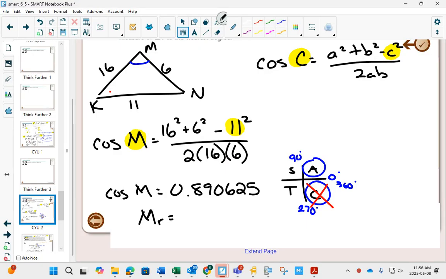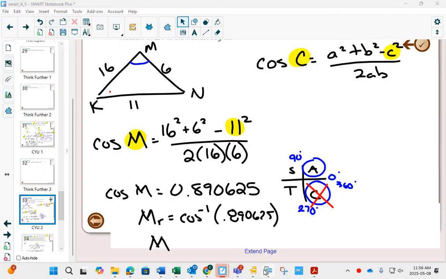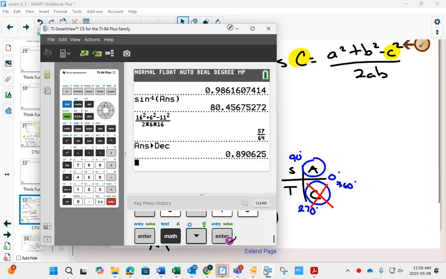So my reference angle for M would be cos inverse of the 0.890625. And it just so happens that if your only one is in quadrant 1, then your reference angle will be the same as M, which is why sometimes that idea is skipped on some online videos, but I'm going to do cos inverse of that answer.